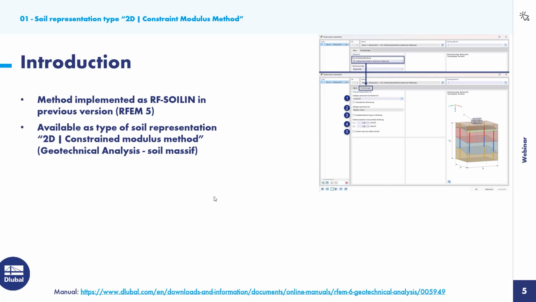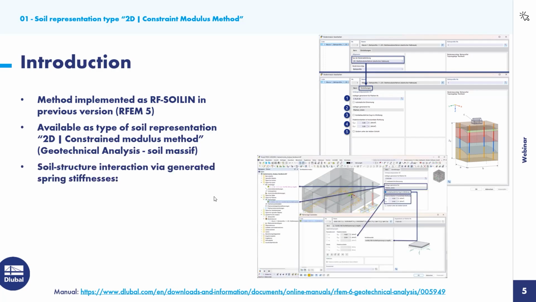Therefore, you have to activate the Geotechnical Analysis add-on and select a soil massive. Afterwards, the soil-structure interaction can be handled via generated spring stiffnesses. They depend on the soil properties, such as the layers and material, as well as the load and the foundation geometry.